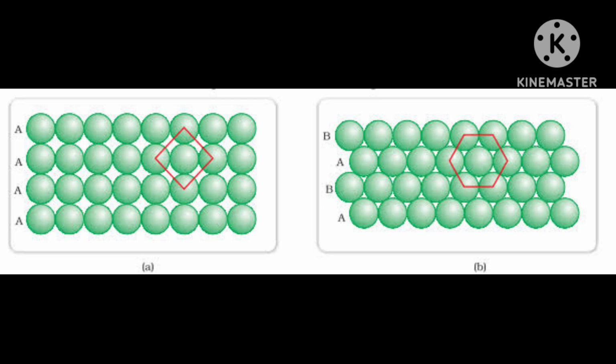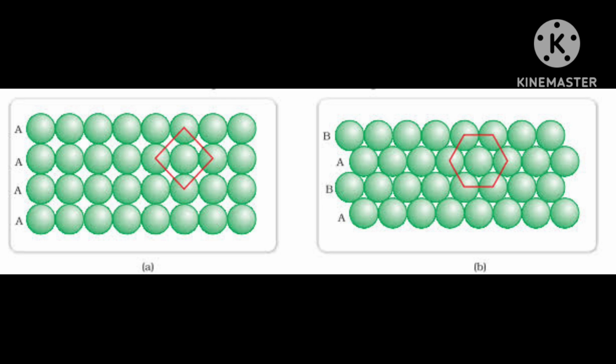Now second way, in that I told you 2 ways. The first way, just you have arranged first row, second row, same way arrangement, A type. Now second type, last class I have discussed, the second arrangement will be a little different. A row you have arranged.